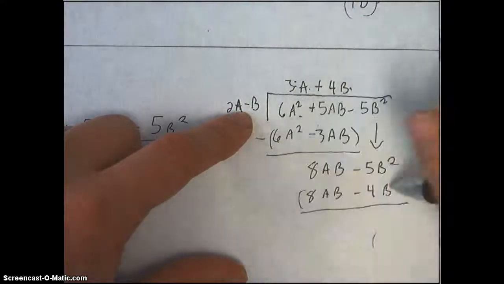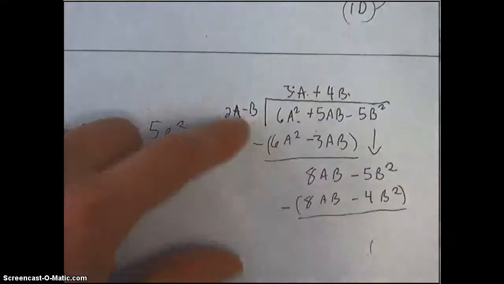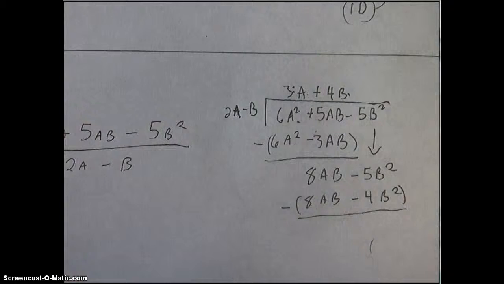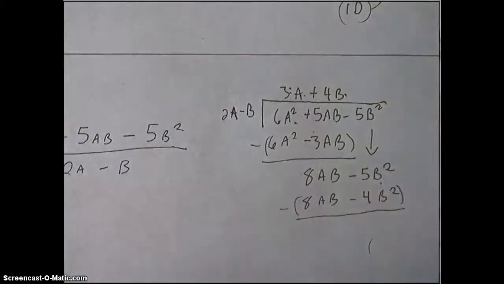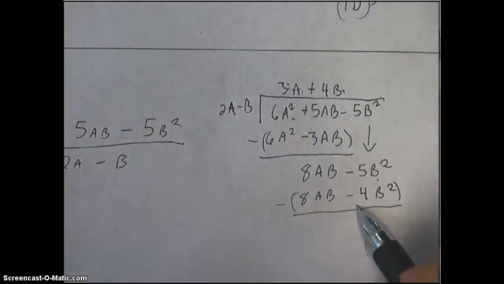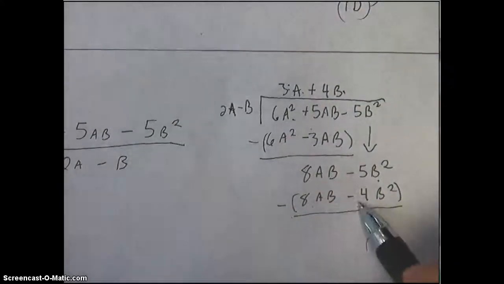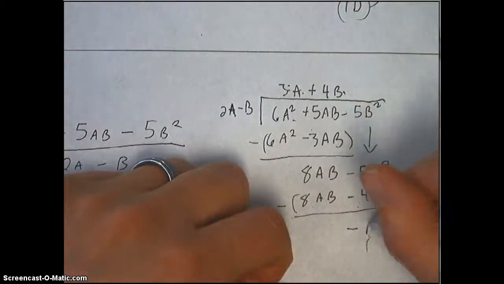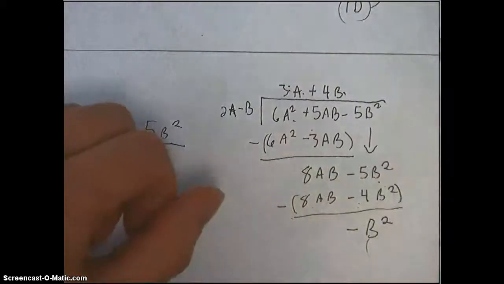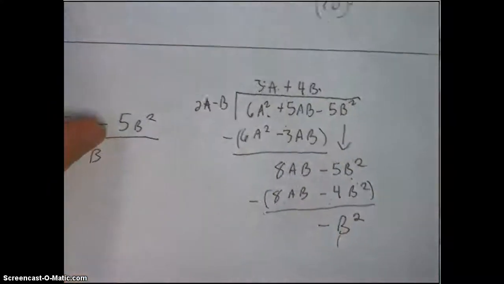And we're going to subtract all of that. And so we've got 8ab minus 8ab, that's just 0. Negative 5b squared minus a negative 4b squared. Negative and a negative make a positive, so that's going to be negative 5 plus 4 is negative 1b squared. And there are no terms to bring down.